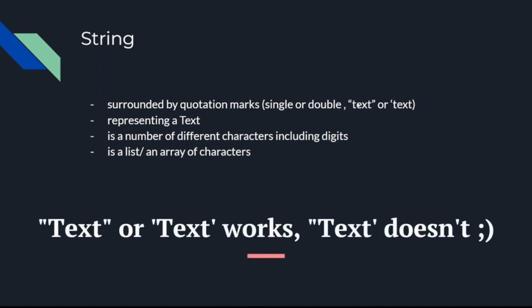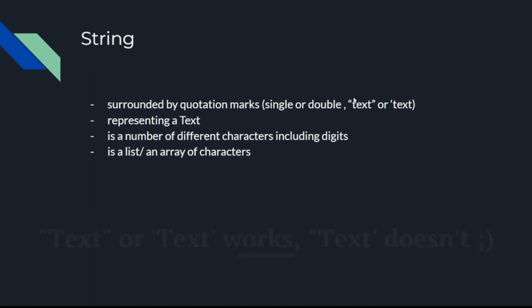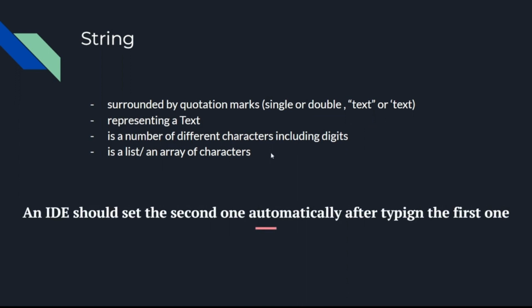So a string can begin with 2 quotation marks and end with 2 quotation marks, or a text can begin with 1 quotation mark and end with 1 quotation mark, but a text cannot start with 1 quotation mark and end with 2 quotation marks.